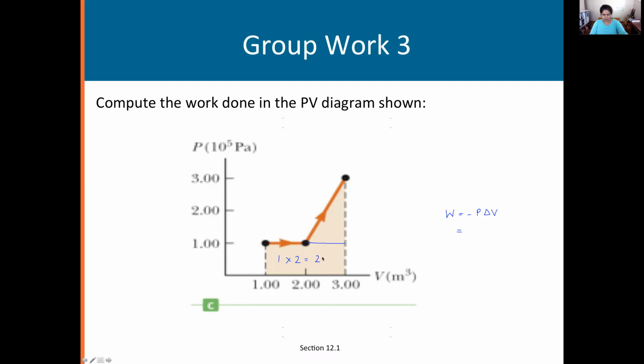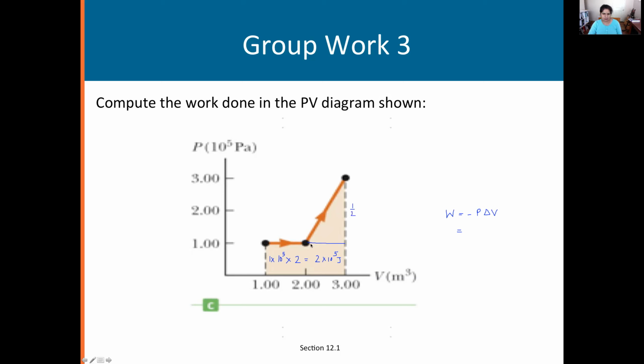times 10 to the power 5. Don't forget that, because this is 1 times 10 to the power 5. Let me just correct that. So 2 times 10 to the power 5 joules, since we're in MKS units. And what about this area? This is half base times height.